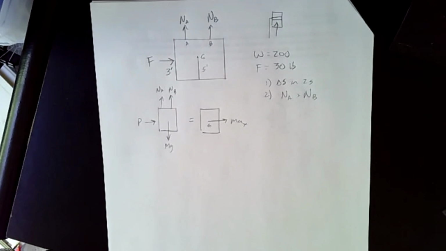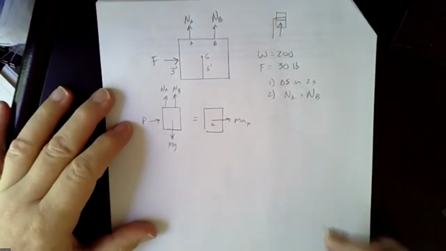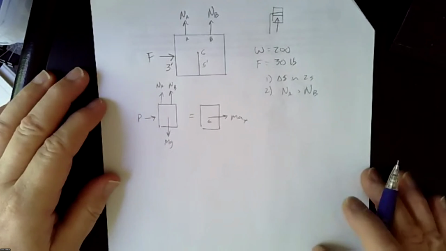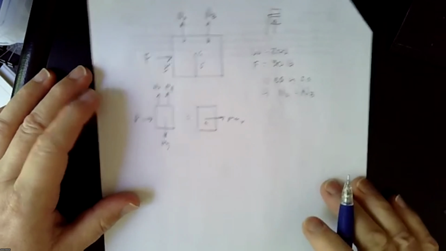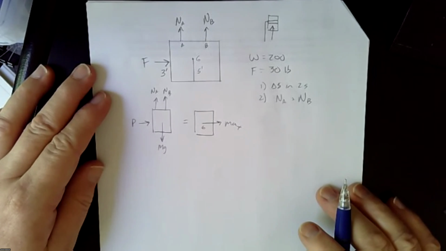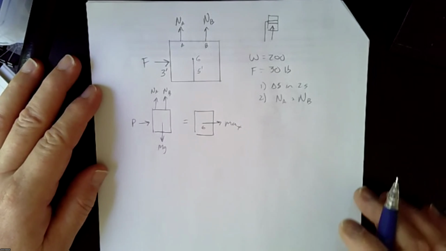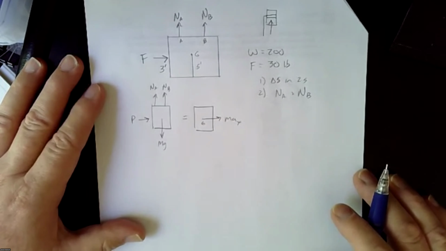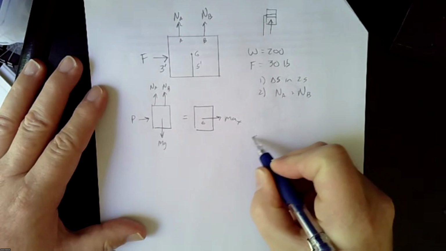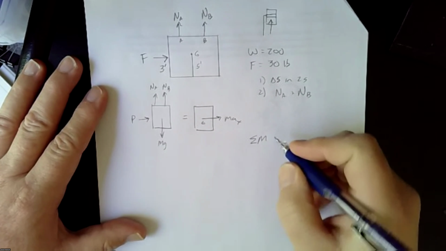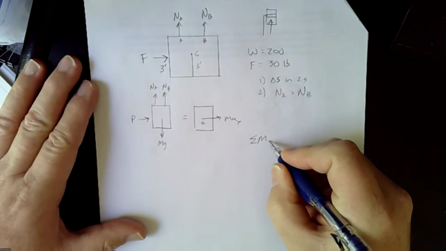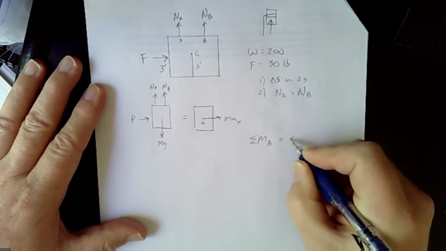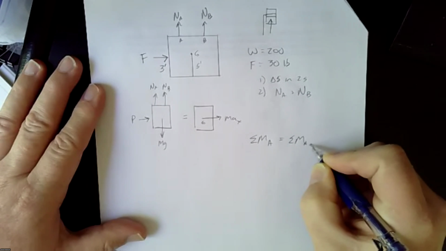Now, one of the things in this chapter too, and again, that's why it's good to read it and go over the information I post, is the way to think about the acceleration is that you have this relationship we call it: the sum of the moments about, in this case, we're going to take it about A, equals the sum of the moments about A effective.